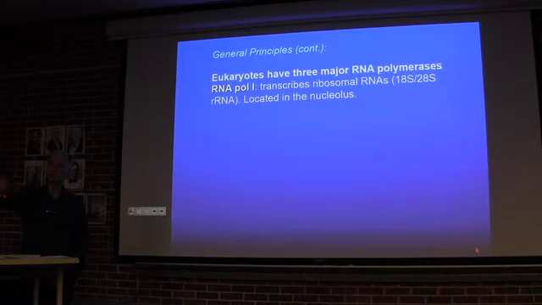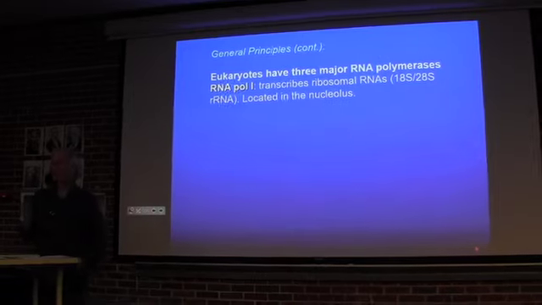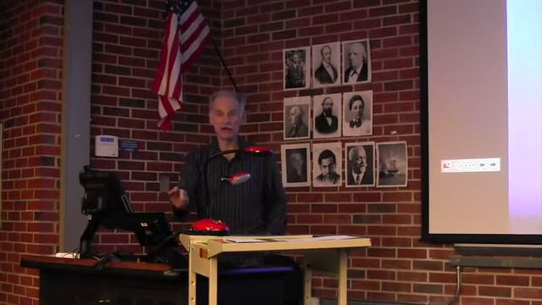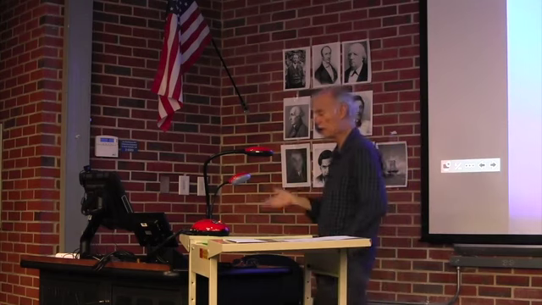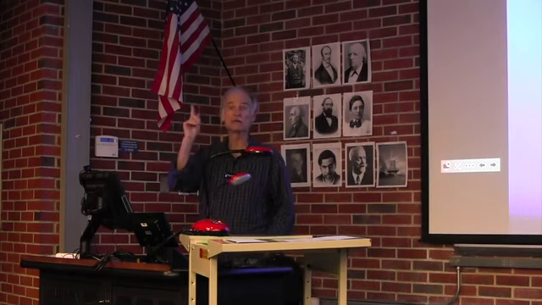Before we get, like last time we went into the details of Pol 2, we need to take a couple of steps back and get a bigger picture before we zoom in and spend the rest of our time on Pol 2. So one thing about eukaryotes is, even though they started in archaea with a single RNA polymerase, that's how it all started.